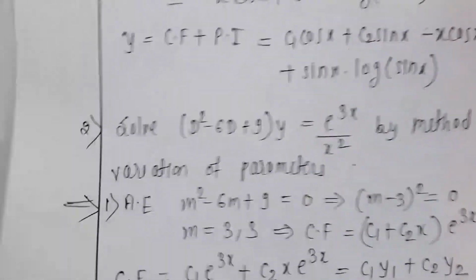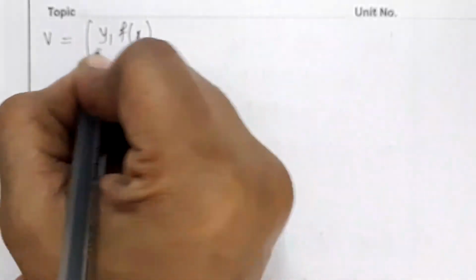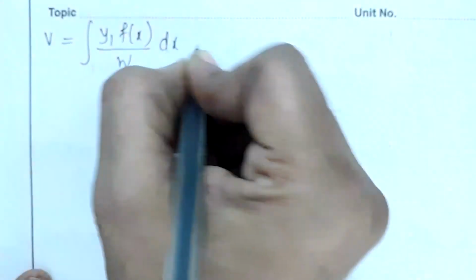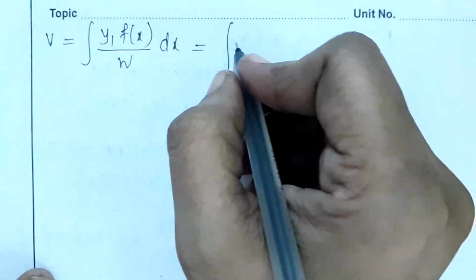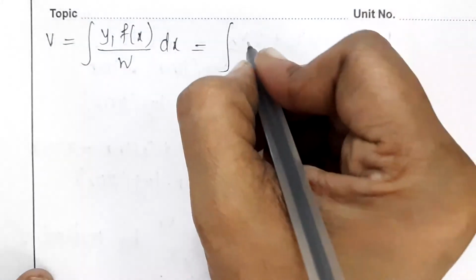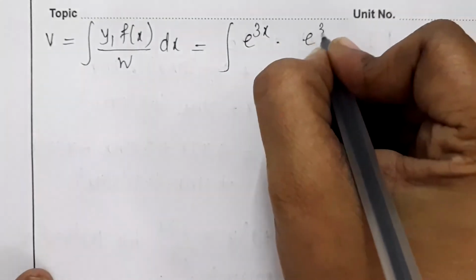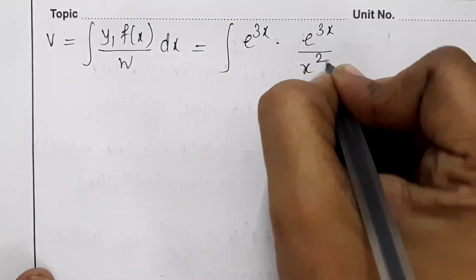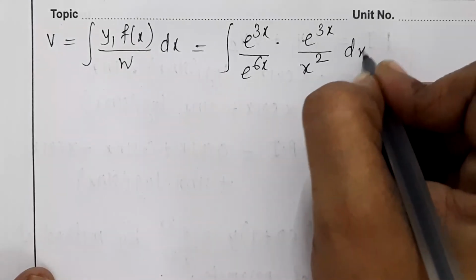Now next we want v. So v is equal to integration of y1 into f of x divided by W into dx, which is equal to integration of y1. y1 is e to the power 3x only, multiplied by f of x, which is e to the power 3x upon x square, and W is e to the power 6x, dx.